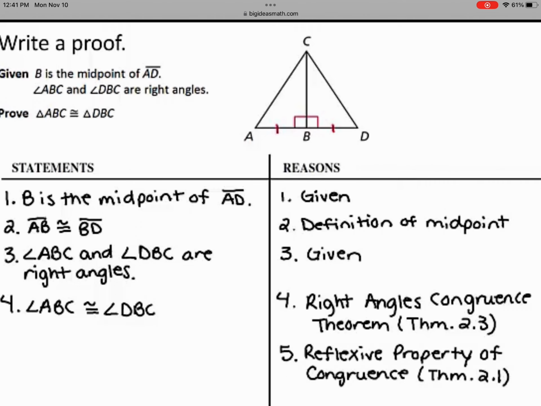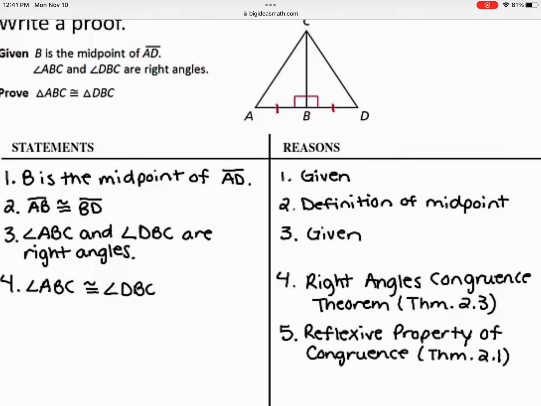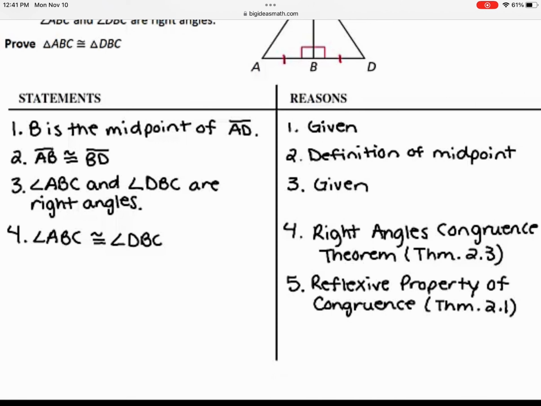Next, by the reflexive property of congruence, you can state that side BC is congruent to itself. Now, notice that you have shown that two sides and the included angle of triangle ABC are congruent to two sides and the included angle of triangle DBC.